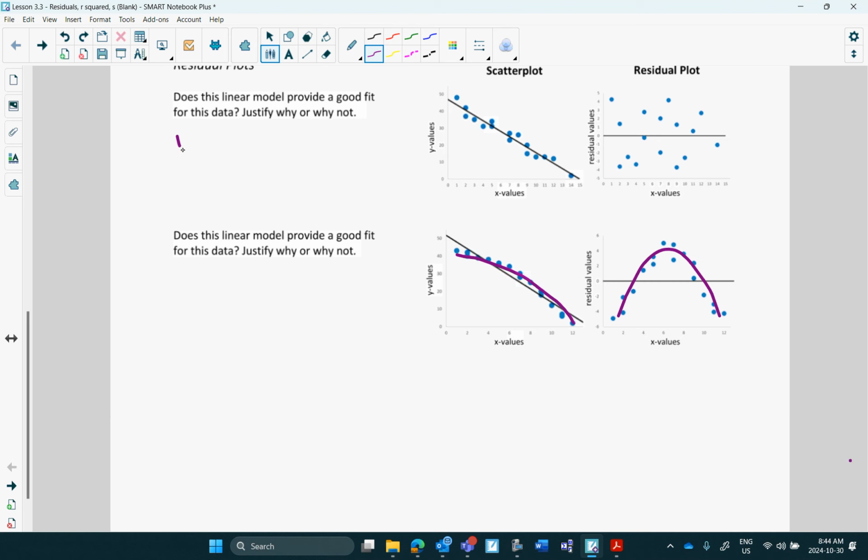So this one, yes, because residual values are randomly scattered.